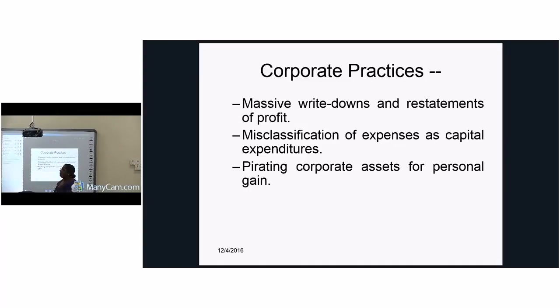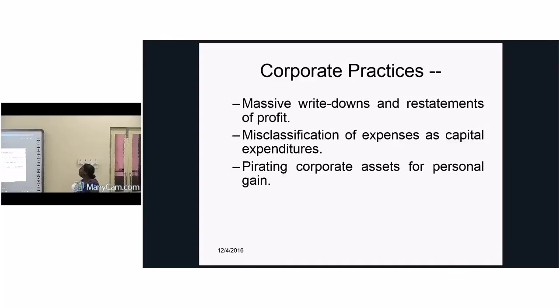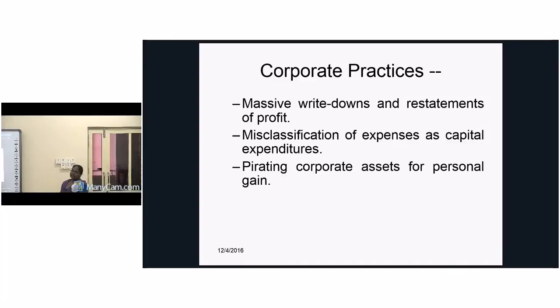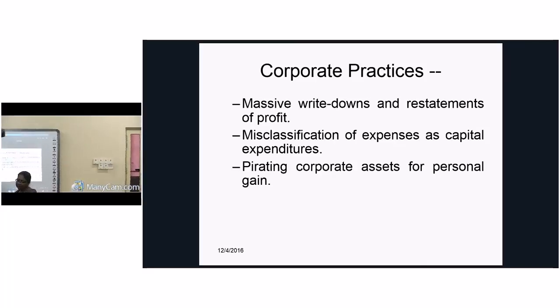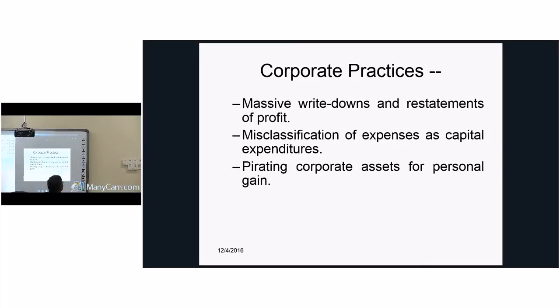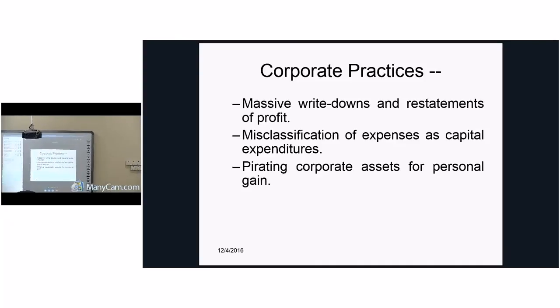So, corporate practice is like this. Among corporations, in the business world, these things are happening: massive write-downs and restatements of profits. These are malpractices.